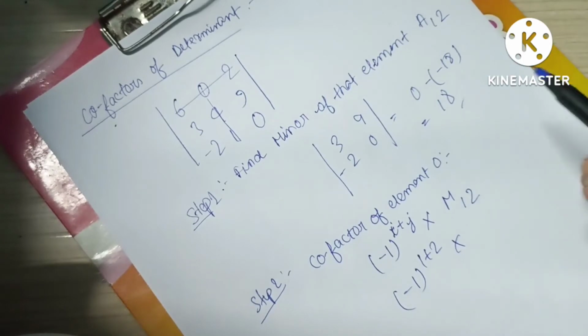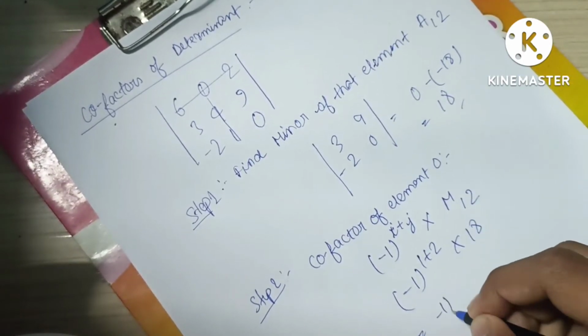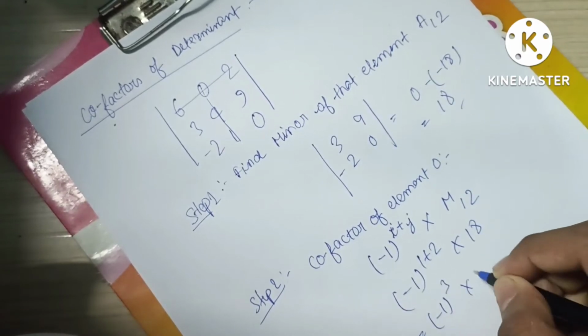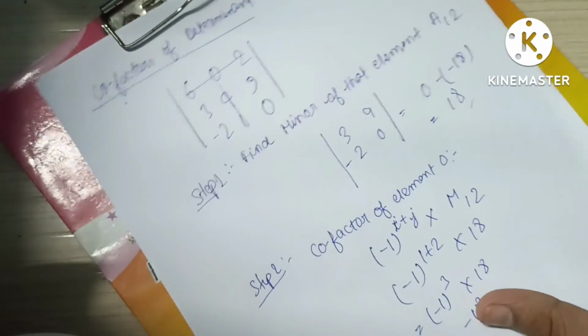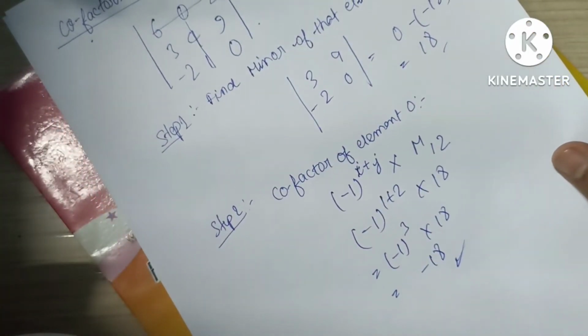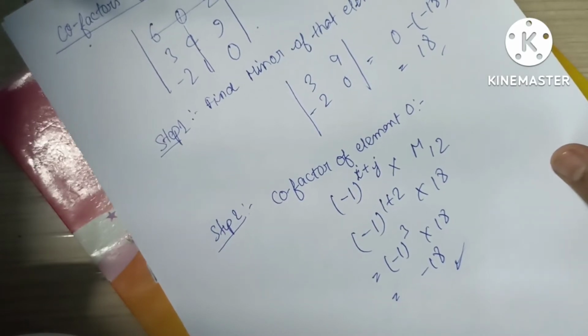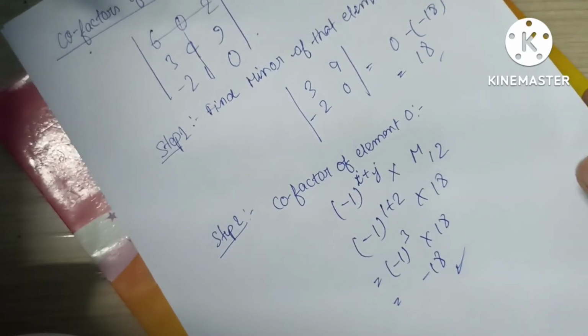We have already calculated the minor, that is 18. So -1 to the power of 3 into 18, that is -18 is the cofactor of that element. In this way we can calculate the cofactor by using the minor of the element. So for solving the cofactor, we must be very clear with the minor of the element.